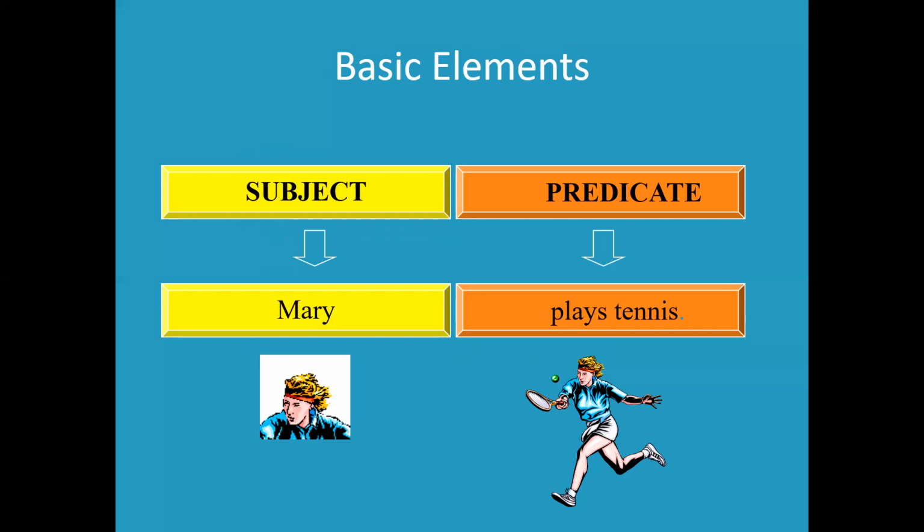In this sentence, we can easily identify Mary is the subject, and the remaining part, including verb and object, plays tennis, that is the predicate in this sentence. So the most important thing, we should be able to understand the subject and predicate in the sentence.